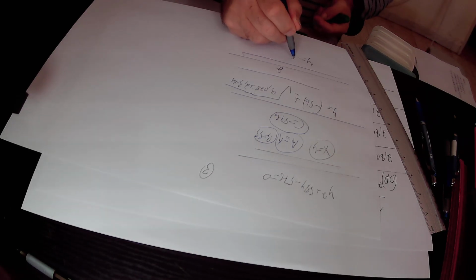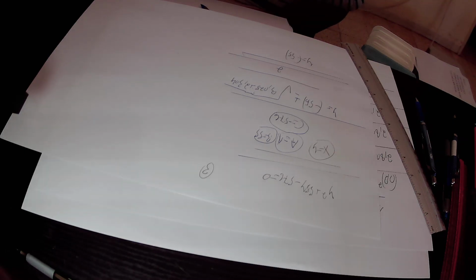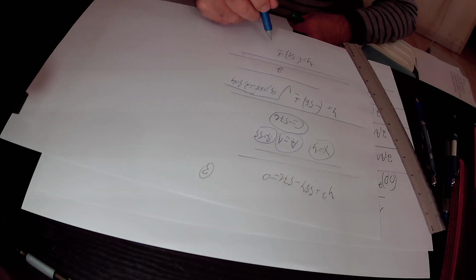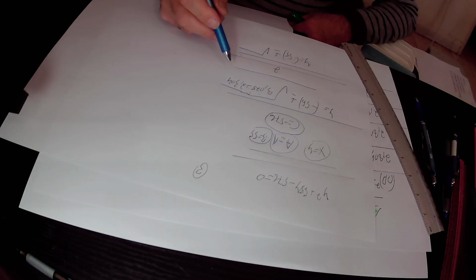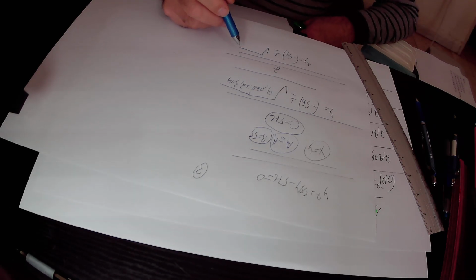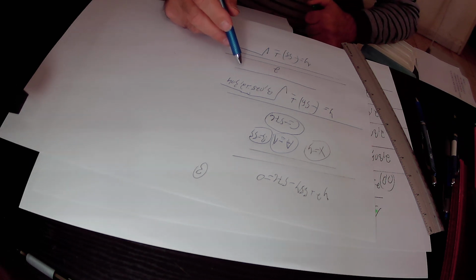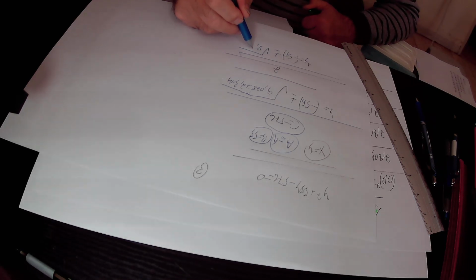So y equals minus 55 plus or minus the square root of 3025 plus 2304, divided by 2. 3025 plus 2304 is equal to 5329.